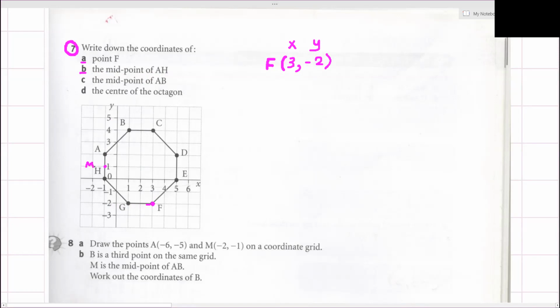This point, M. The coordinates for that point M, this midpoint: the x coordinate, you will go down to find x equals what? -1.